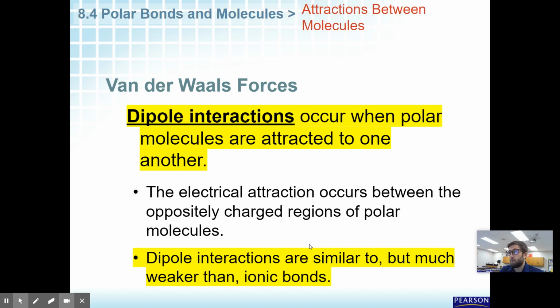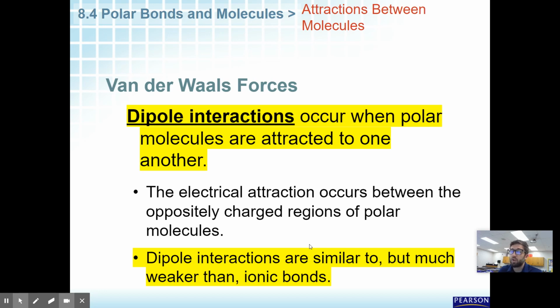We know a molecule is polar if it has a lone pair around the central atom, or if it doesn't have a lone pair but one of the sides is not the same as the other side, so it's not evenly spread throughout.